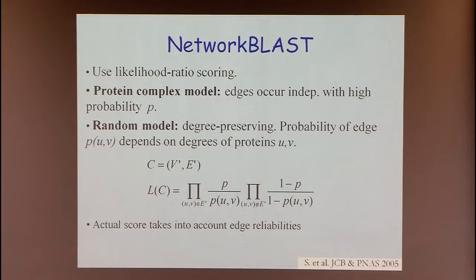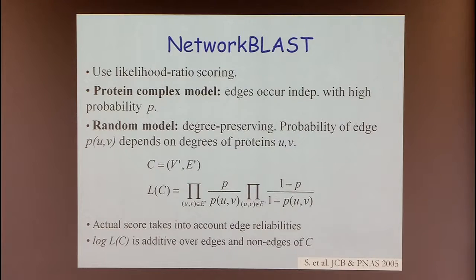Now, intentionally I didn't give all details. In fact, you can make this score a bit more involved by putting into it not simply p for an edge and 1 minus p for a non-edge, but you can account for the confidence in the edges, the reliabilities that you have for the edges. This is one comment.